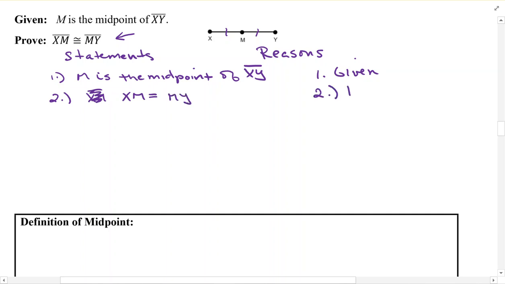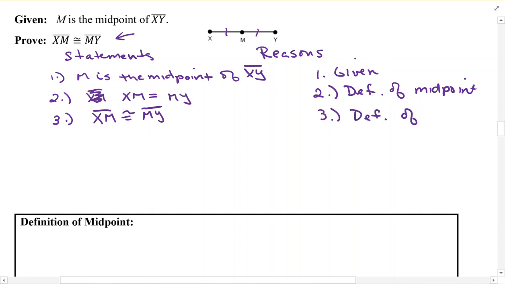And that's by the definition of midpoint. We need to prove that those segments are congruent to each other. So XM is congruent to MY, and that's by the definition of congruence.